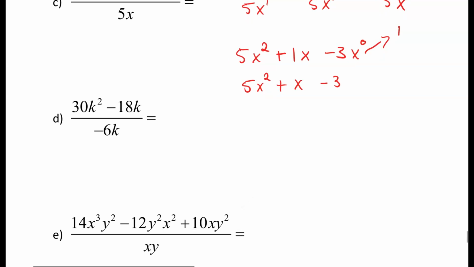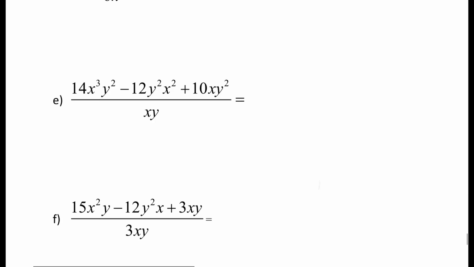I'm going to leave you to complete D on your own, and we're going to take a look at E because this time it has two variables on the bottom. We address it the same way we would the other problems.